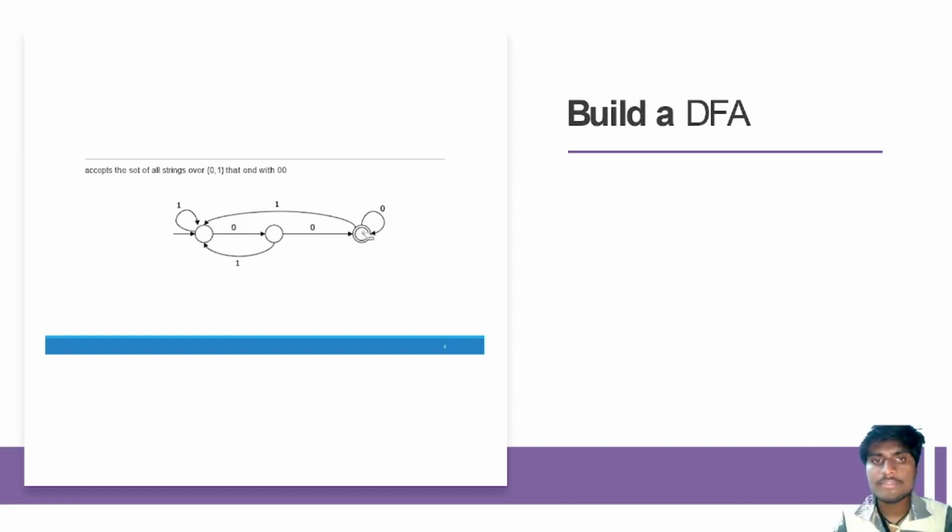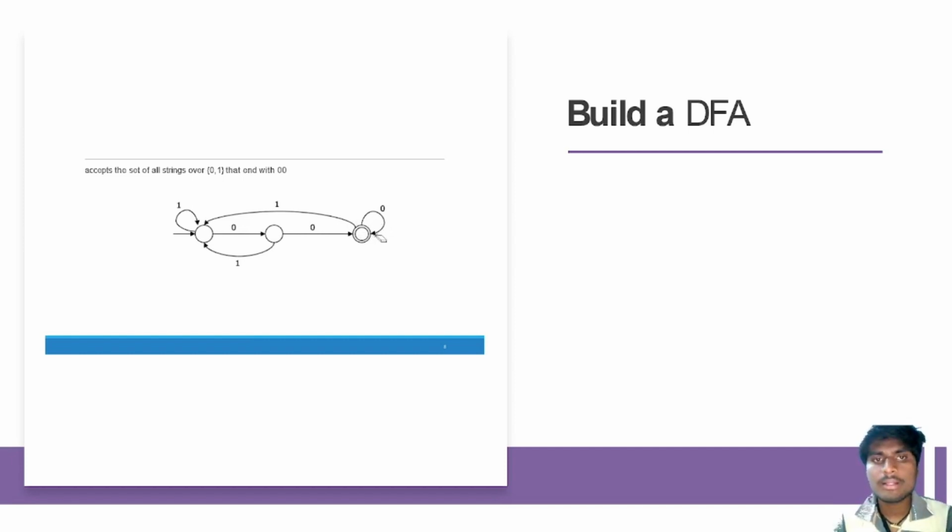The given question is the DFA which accepts the language ending with 0 0. The last two symbols will be 0 0, so we can give a self loop here. Is it right?